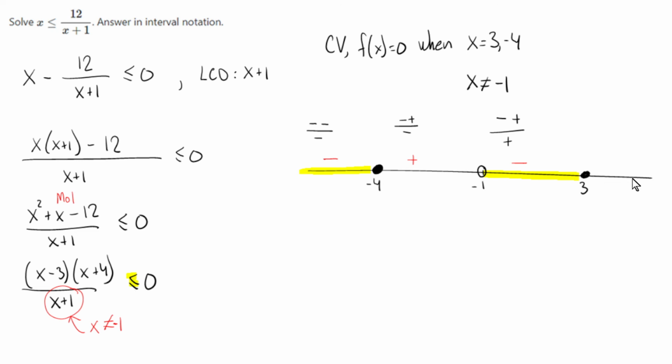And then the last interval here, when x is greater than 3, all factors will be positive and the entire quotient, the entire rational expression, will be positive. So that's not going to be included in the solution. We want to express the solution in interval notation.